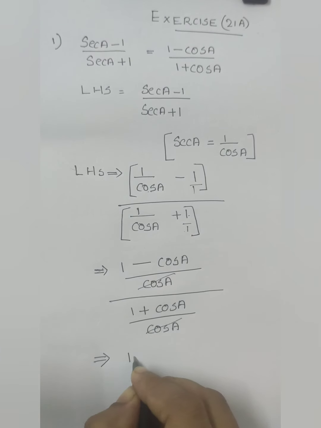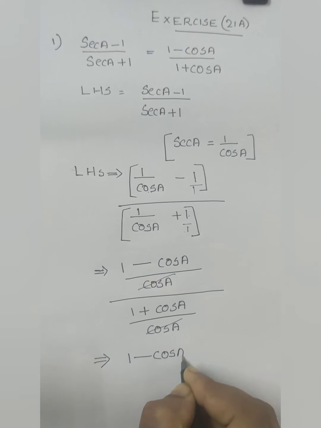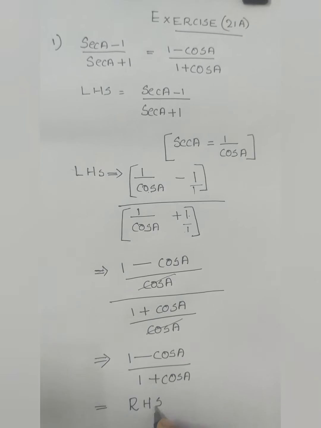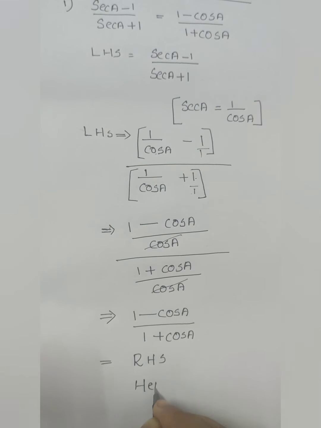Then we will get (1 minus cos A) divided by (1 plus cos A), which is equal to the RHS. Hence proved.